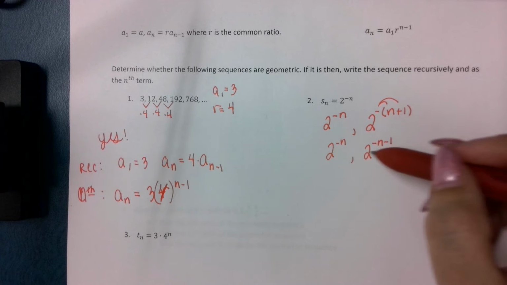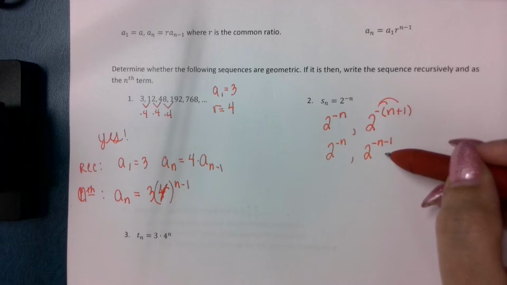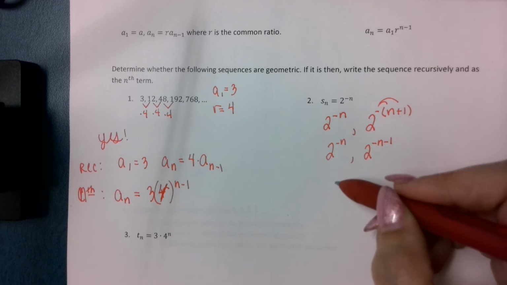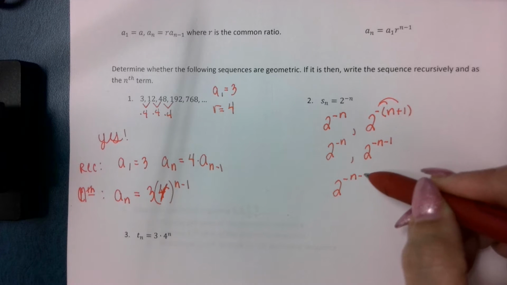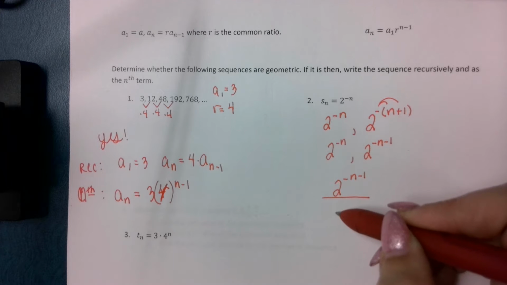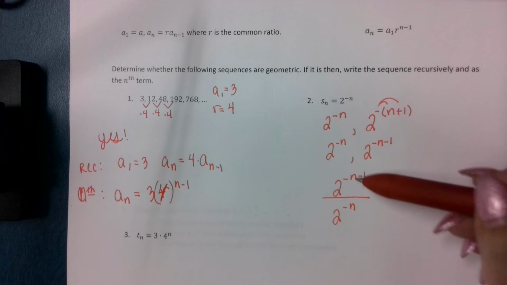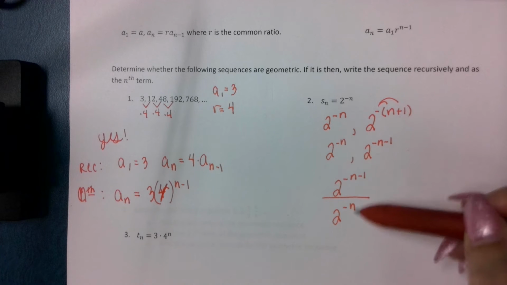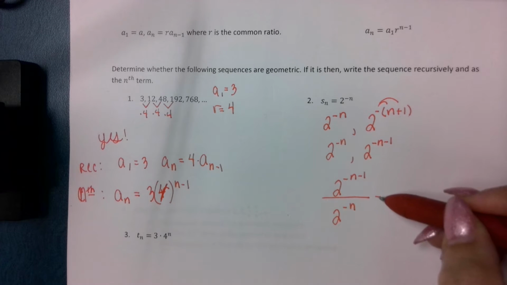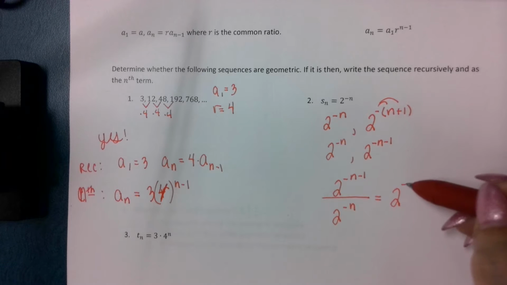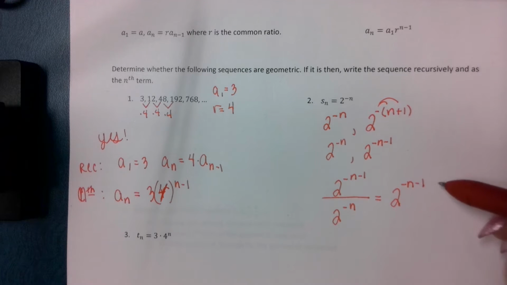So these are our two terms. I need to divide these to see if I get a constant. So 2 to the negative n minus 1 over 2 to the negative n. Now remember, when I divide with the same base, that means we subtract the exponents. So this turns into 2 to the negative n minus 1 minus negative n, which turns into addition.